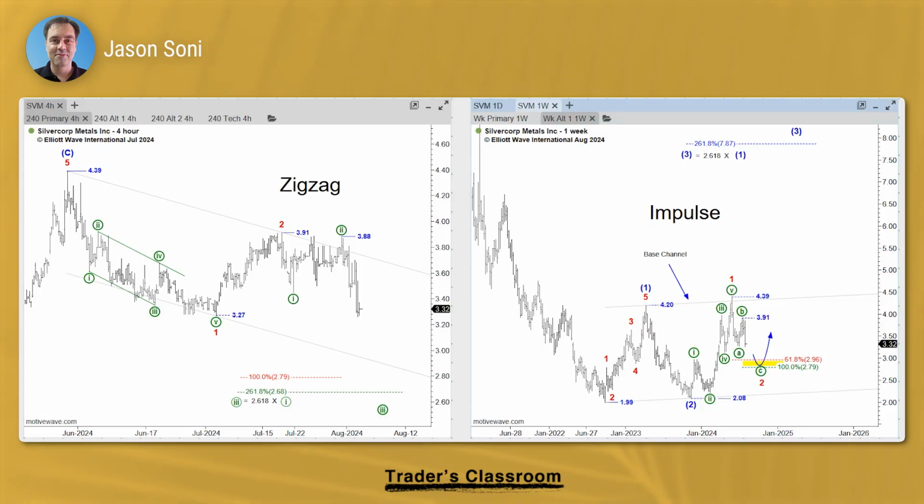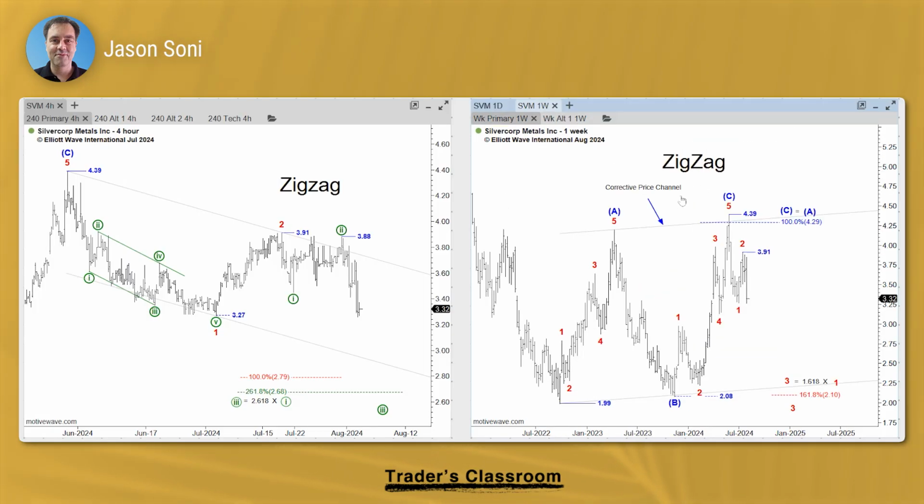So how do we decide between the setups, because they're literally at odds with each other? One of them is bullish, i.e. the impulse scenario, which means you're going to see a significant move higher, and the zigzag scenario is actually bearish, and that argues for a complete reversal.